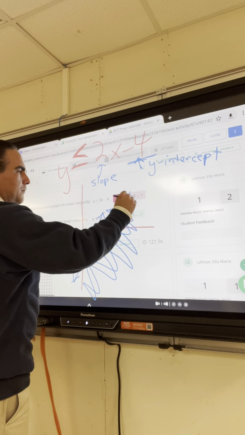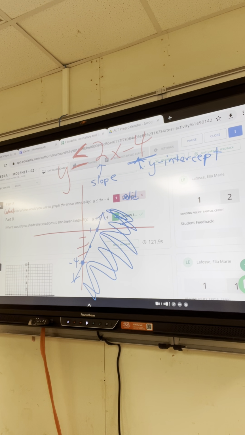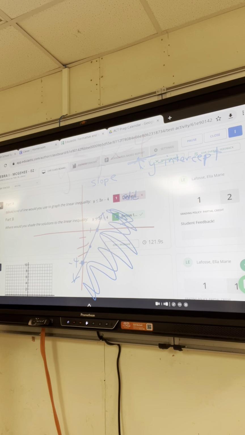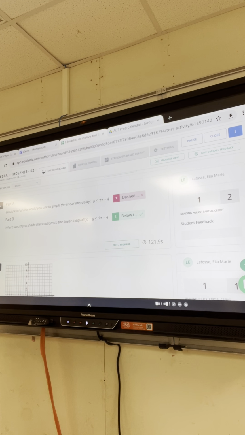What choices do they give you? Solid line, border line, dash line. Yeah, solid line. So it should be solid line for part A.